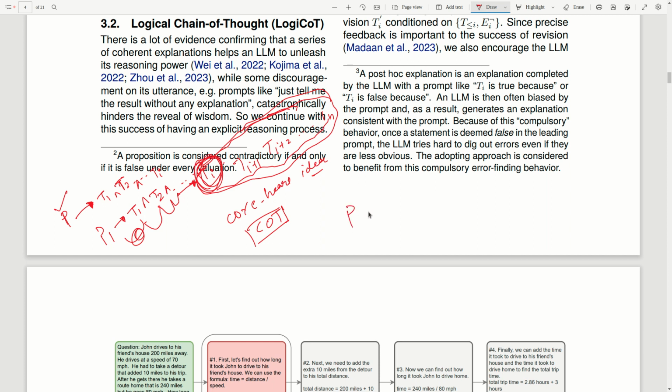So we are at our premise. These are chain of thoughts T3 ... T of I, and let's say there is some contradiction, and this step is not verified.